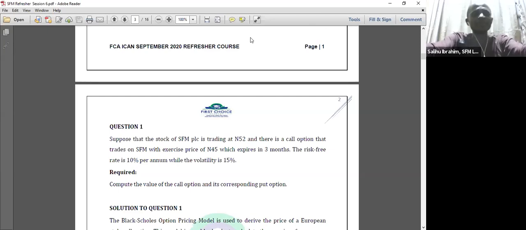Now, let me give you another example. Assuming your company is a type that normally gives Christmas bonuses to its staff, okay? And usually they give each employee a bag of rice, for instance, for Christmas. Now, we know how volatile the price of rice is, isn't it? Because of that, the company can say, okay, since we are buying 1,000 bags of rice in December as gifts for our members, if we wait until December before we buy this rice, the price will have gone up.